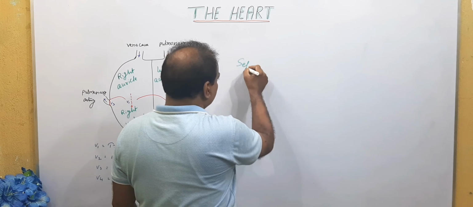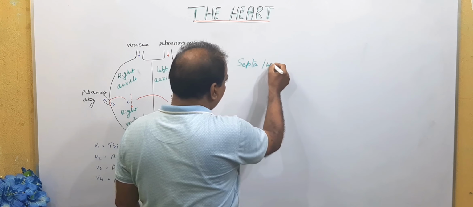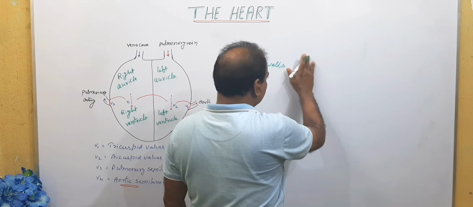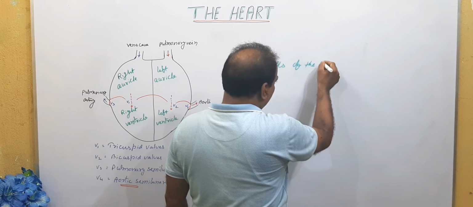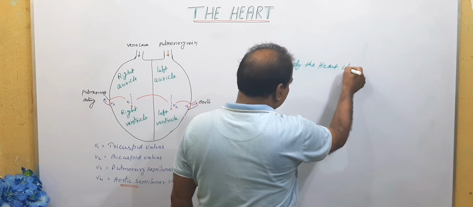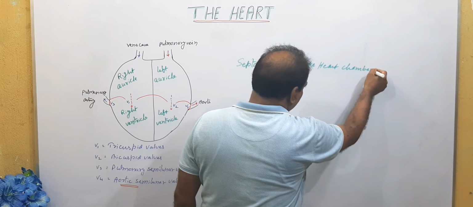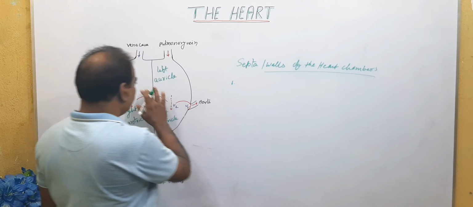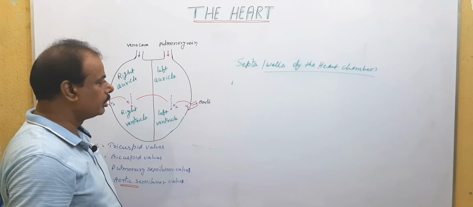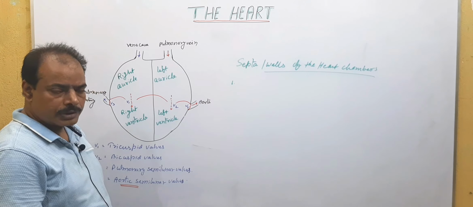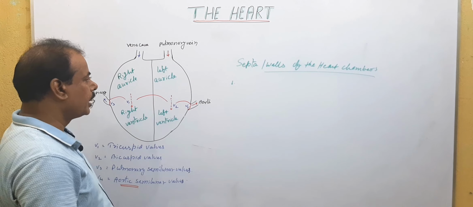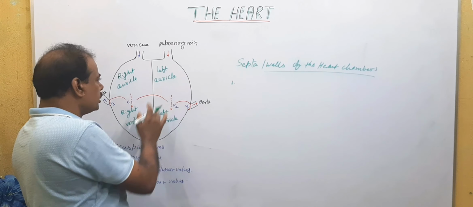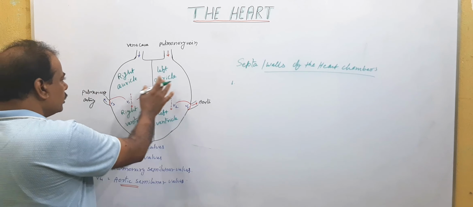Now the septa or the walls of the heart chambers. There are 4 chambers of the heart, and these are separated by the septa. It is right auricle, and this one is the left auricle.